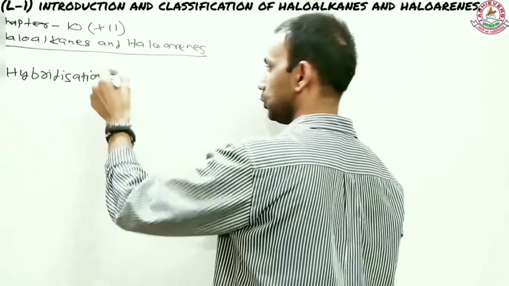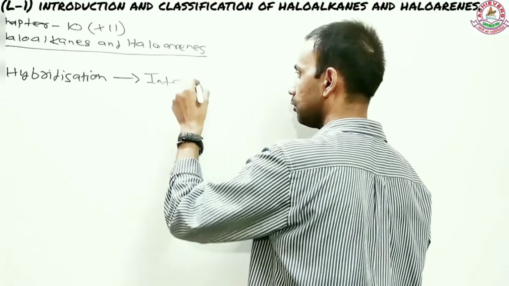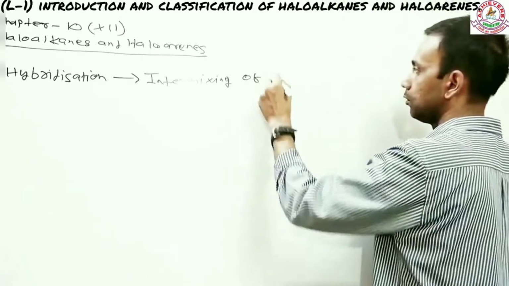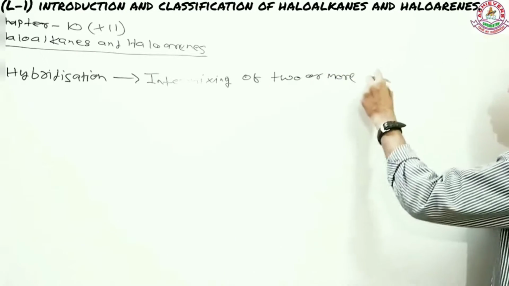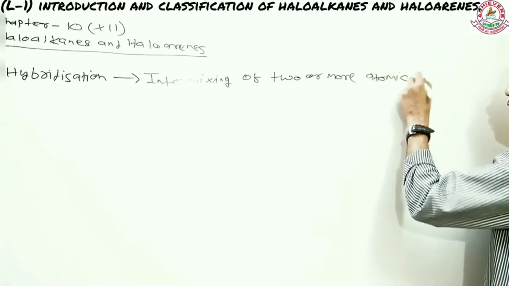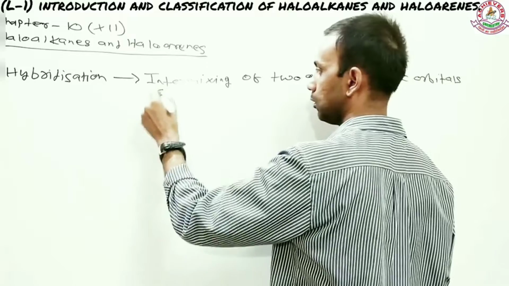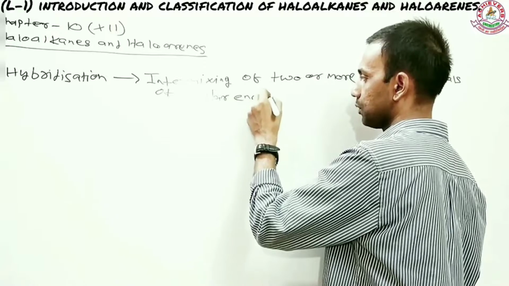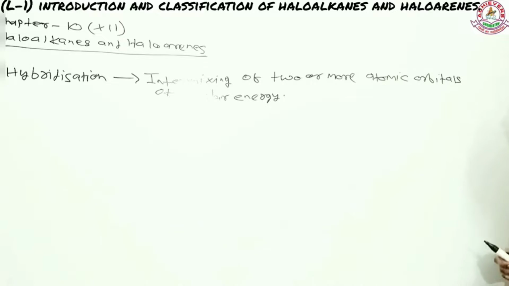In simple terms, hybridization is called intermixing of two or more atomic orbitals of similar energy. I'm not going deep into that, so let me wind this up. Hybridization refers to intermixing of two or more orbitals with similar energy.